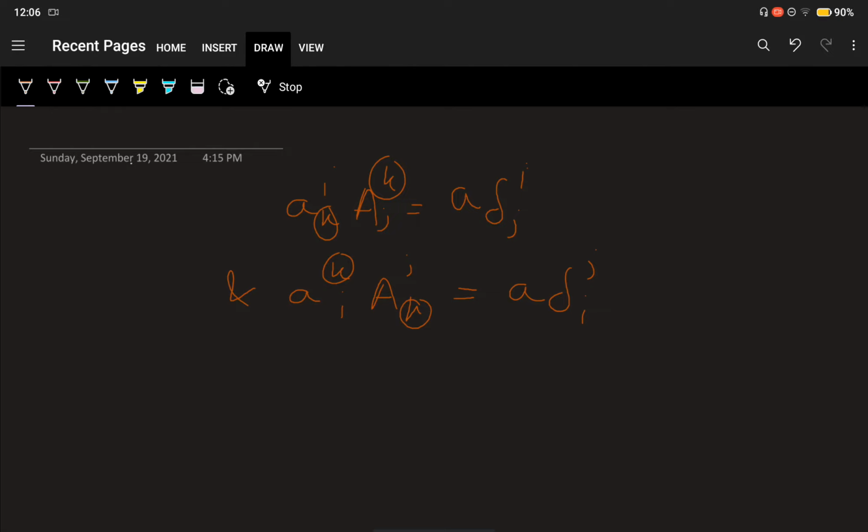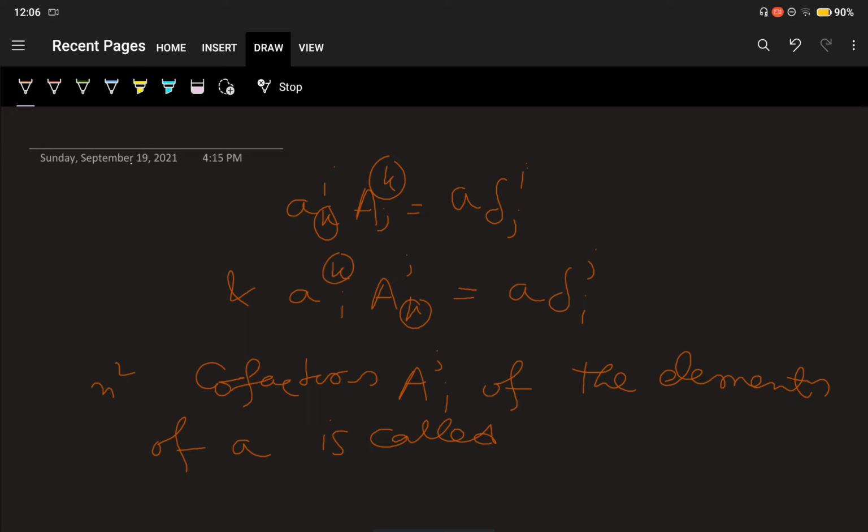Now n square cofactors, the determinant of the n square cofactors A_ji of the elements of A, is called the adjoint of A, and it is written as A_ji, and the determinant equals A to the power n minus 1.